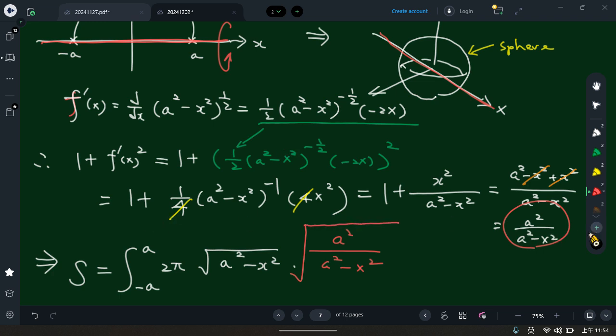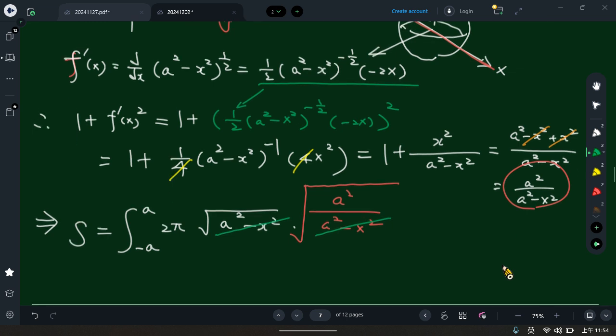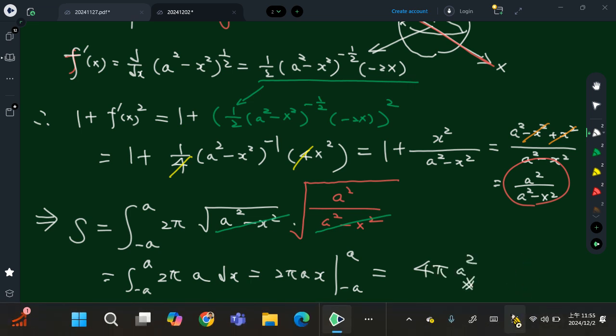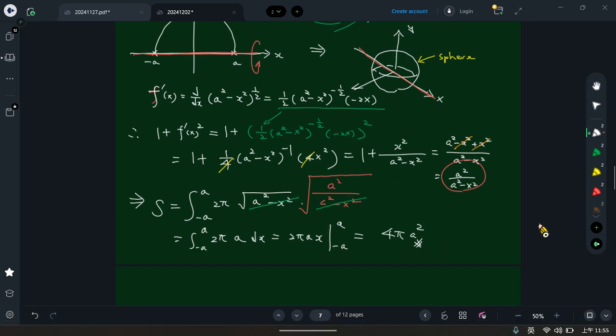Not just put it here, but also we still have a square root, so that you can see here the same term, we can cancel it. And finally, we can have 2 pi a dx. So it will be 2 pi a x from negative a to positive a, and then finally that will be this one. Let me just make it smaller so you can have an overall picture for this part.